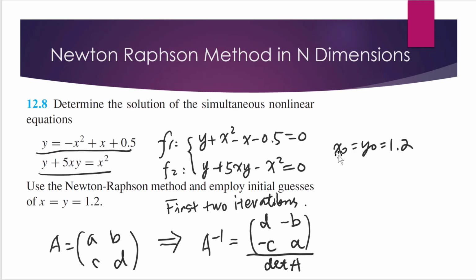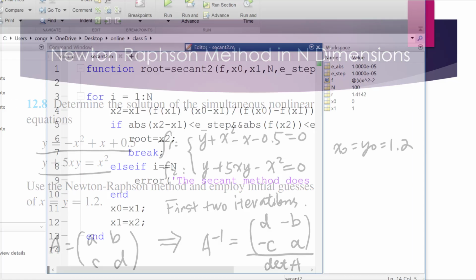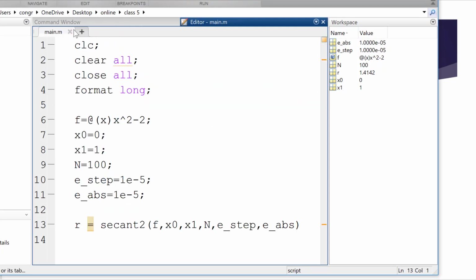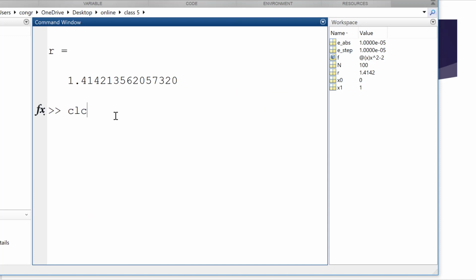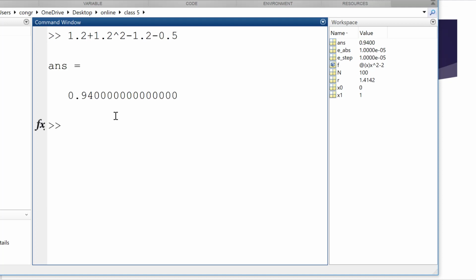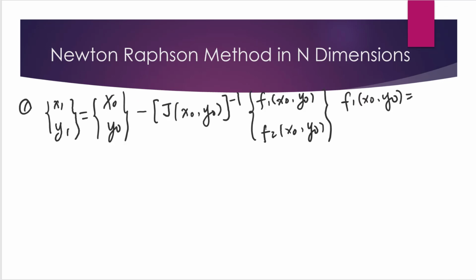Let's use MATLAB as a calculator. It should be 1.2 plus 1.2 squared minus 1.2 minus 0.5, so this is 0.94.